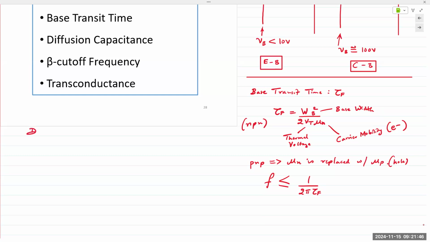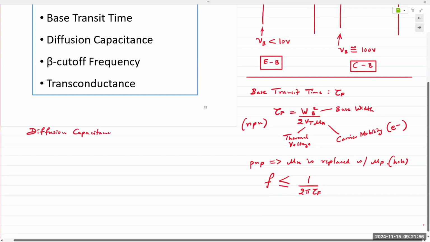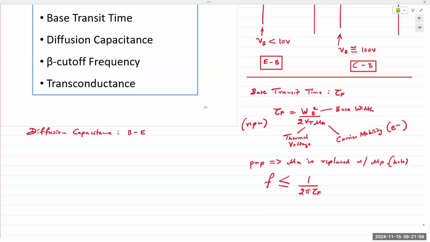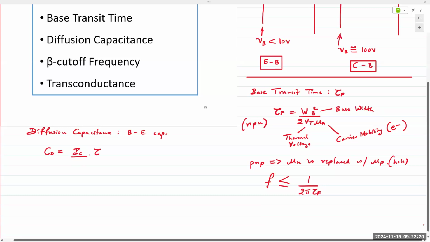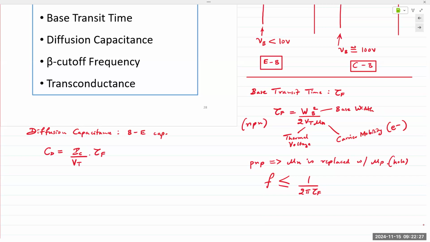Diffusion capacitance can be modeled as a capacitor between the base and the emitter terminals, and that is given by CD equal to IC times tau F over VT. Capacitances are typically unwanted in circuits because they slow down the operation of your device.